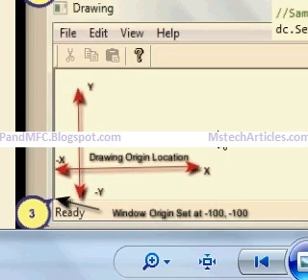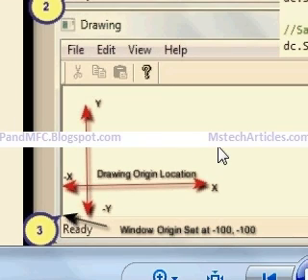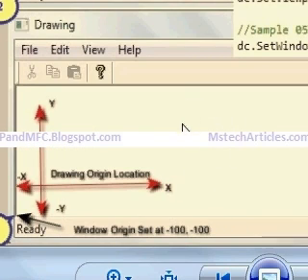But shifting the origin is different. I mean, SetViewportOrg is different. If you shift the origin, you are actually moving the origin, and if you draw something, the drawing goes to a different portion of the document. So this is the difference between a viewport and window origin.